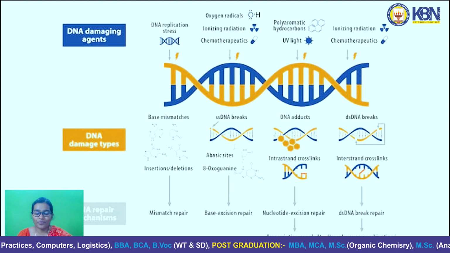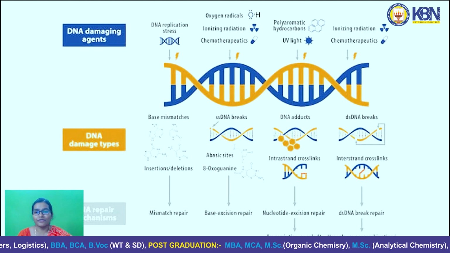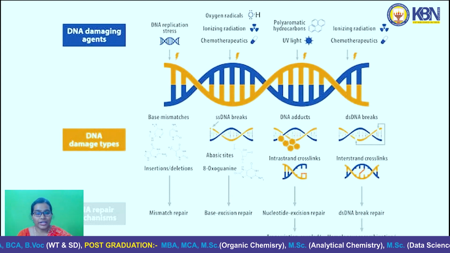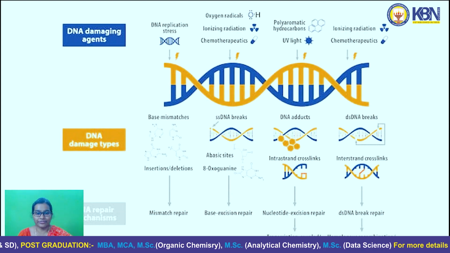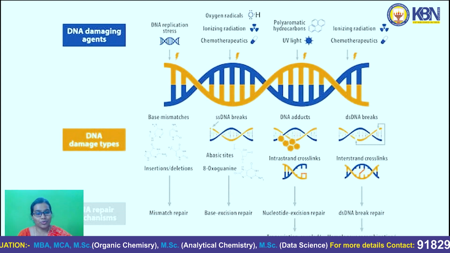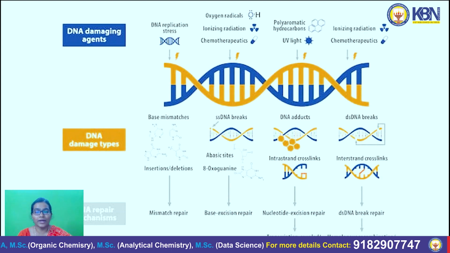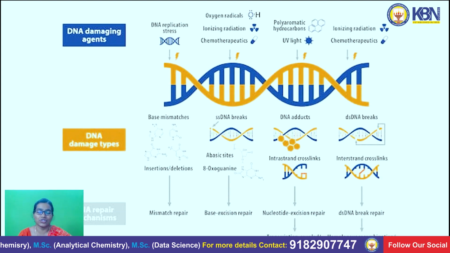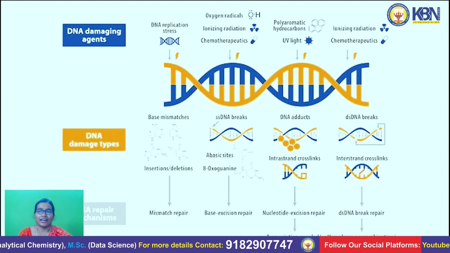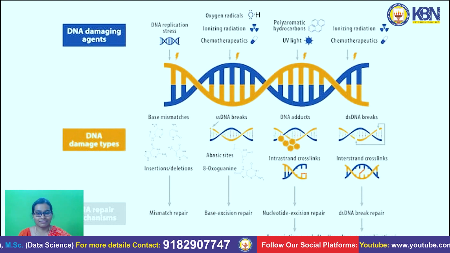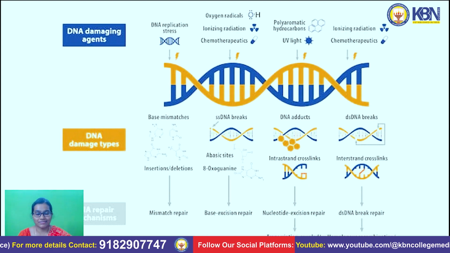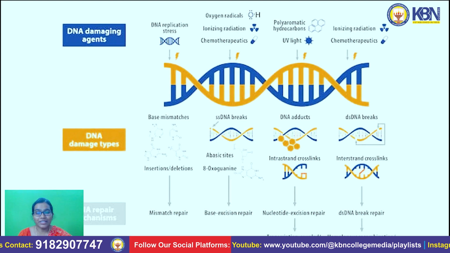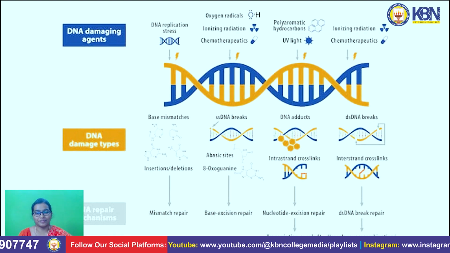If you know, we are exposed to different carcinogenic agents in our life. We are exposed to different environments which might contain some carcinogenic agents like radiation, UV light, chemical carcinogens.